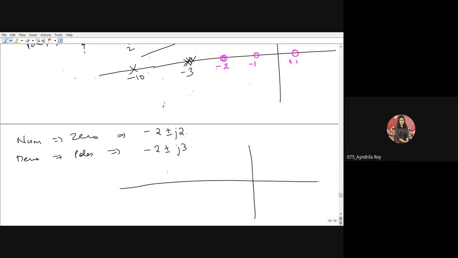Let me divide this. Let this be minus 1, minus 2, minus 3, minus 4. This is the j omega axis, right? This is j omega, 2j omega, 3j omega, 4j omega. This is minus j omega, minus 2j omega, minus 3j omega, minus 4j omega.